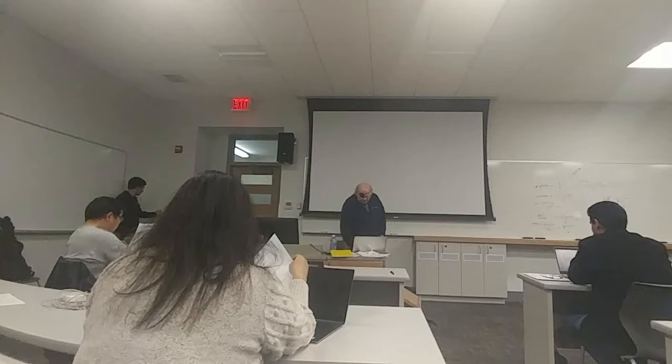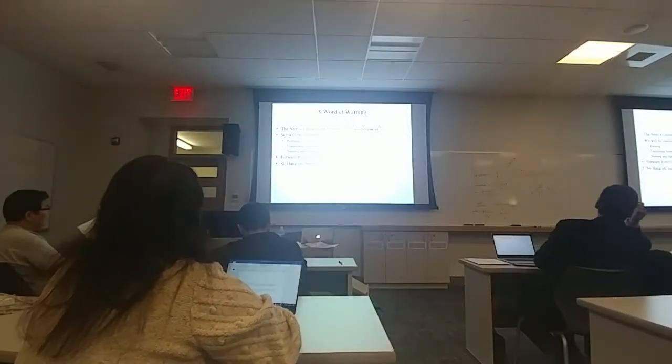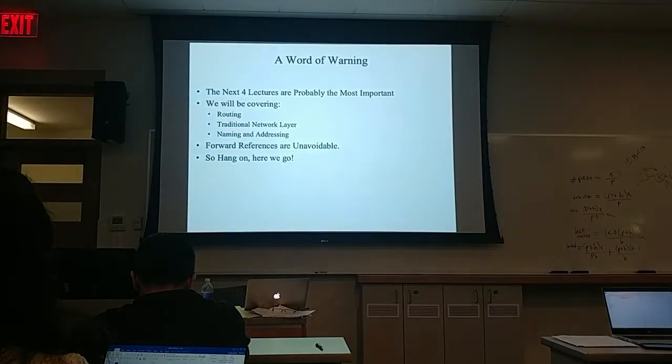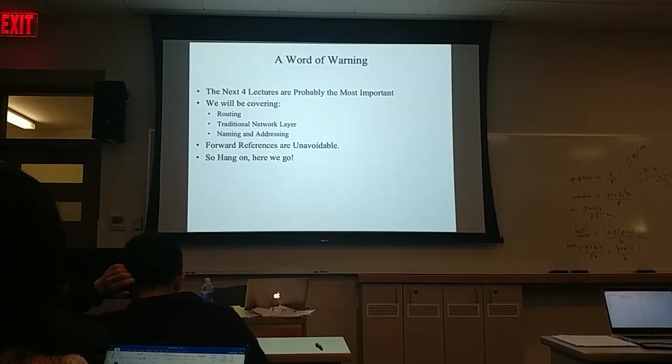We're going to divide this into 2 parts. It says here the next 4 lectures are probably the most important in this class. We're going to be covering routing, the traditional network layer, naming and addressing, and then the transport layer, which goes on top of all this.